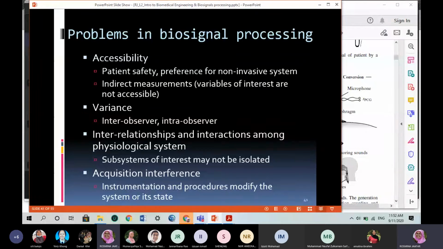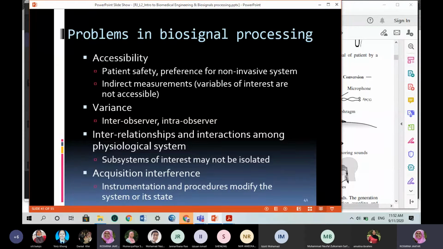So to get a biosignal is quite difficult in terms of accessibility. And the problem with the non-invasive system is that it is not a direct measurement. The variable of interest is most of the time not directly obtained.